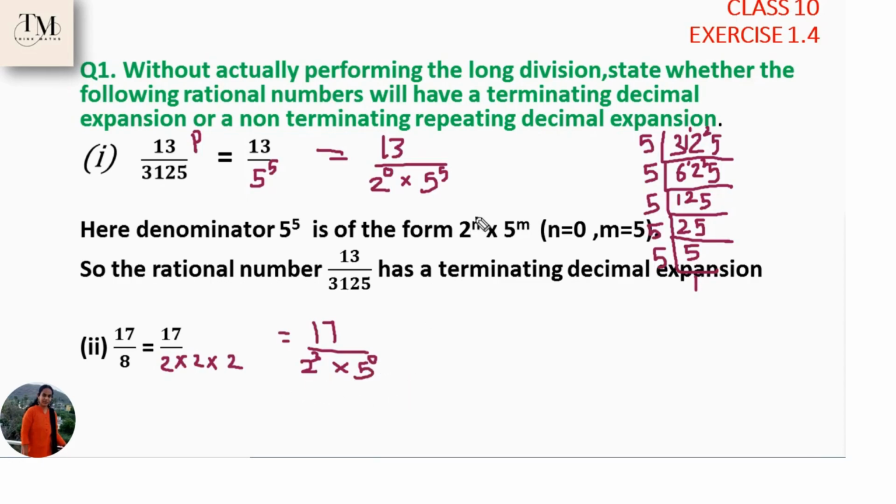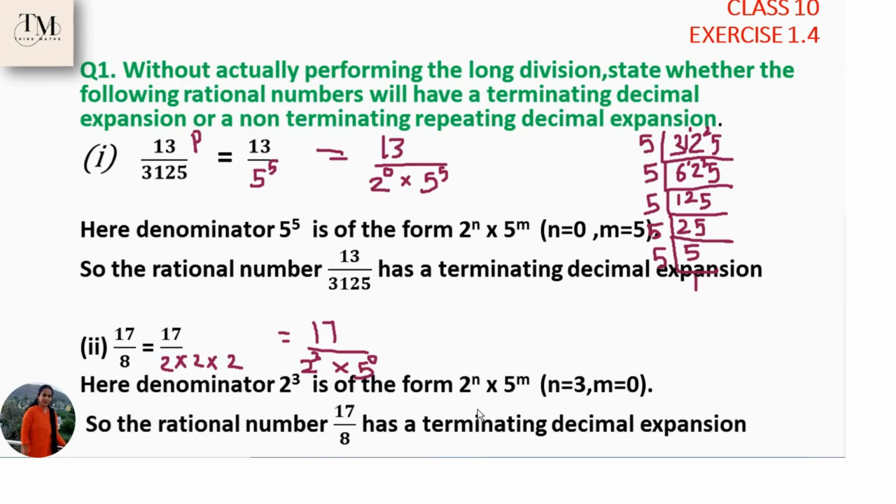So this is of the form 2 power n into 5 power m. Using the theorem, we can say that the rational number 17 by 8 has a terminating decimal expansion. Okay, next problem.